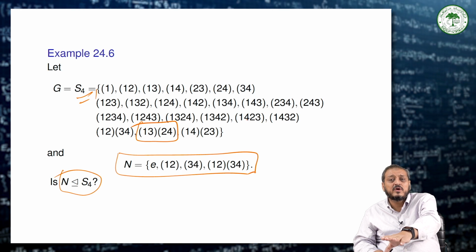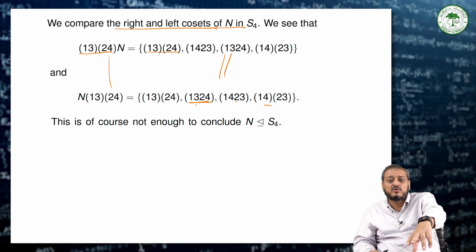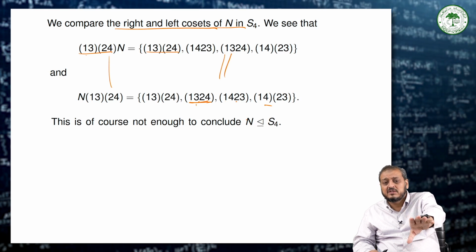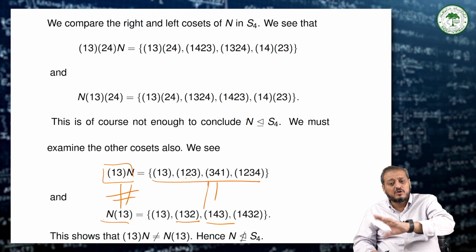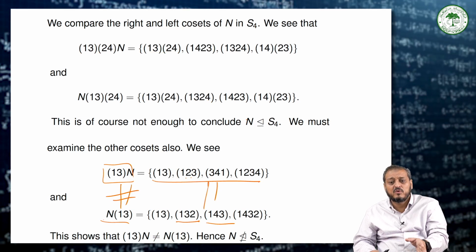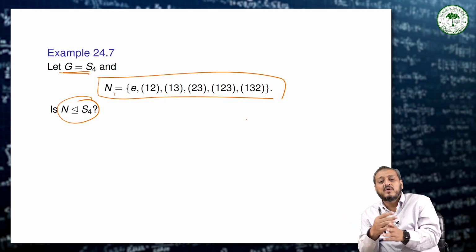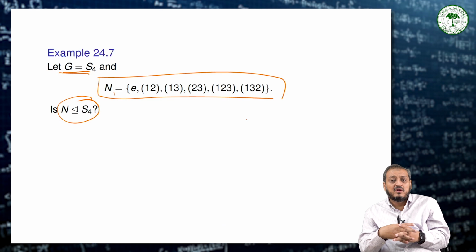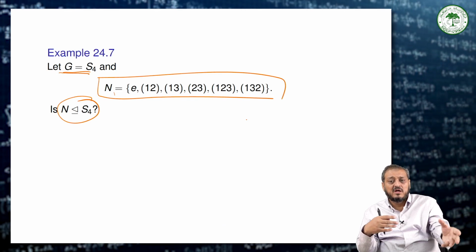We take a different subgroup, and if one of the cosets coincides but another coset does not coincide, that means it is not a normal subgroup. Then for the same group I take a different subgroup, and this way we try to find the solution by using the theorem.